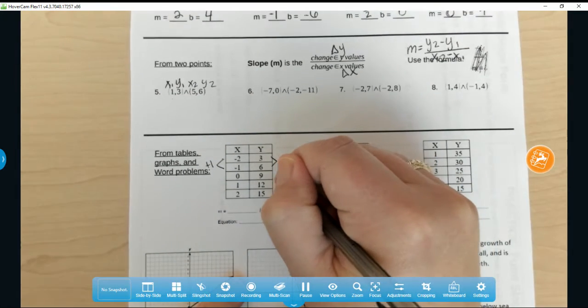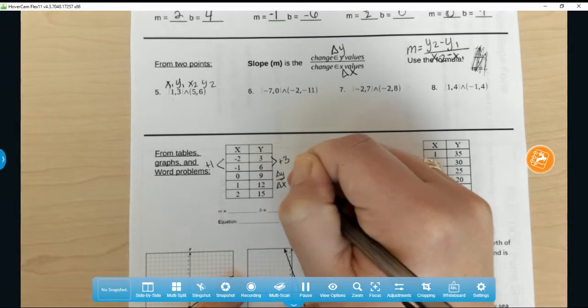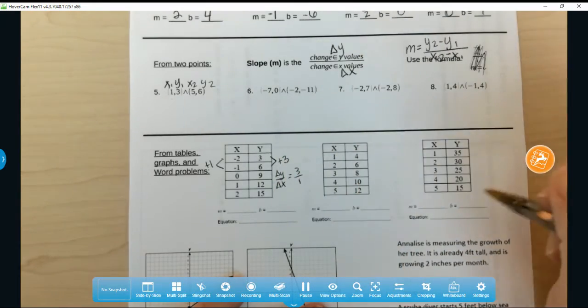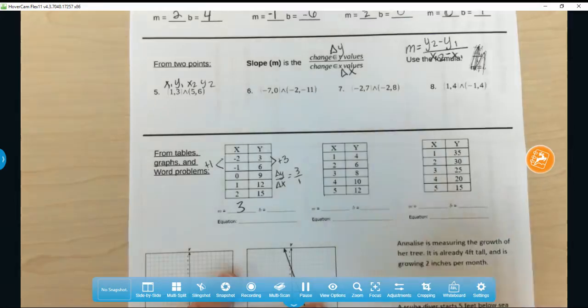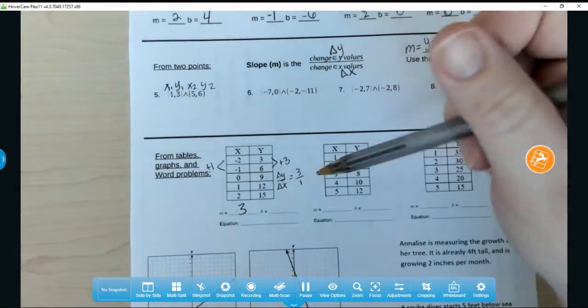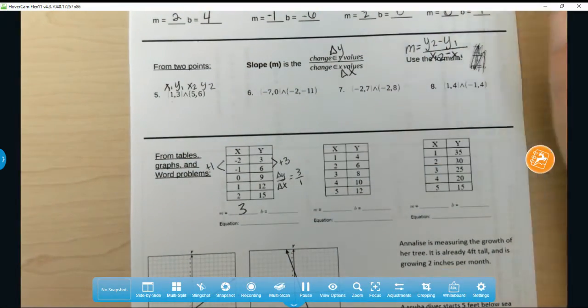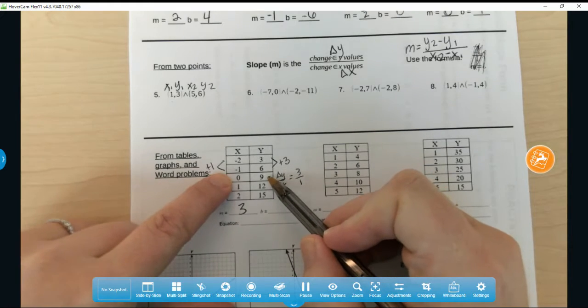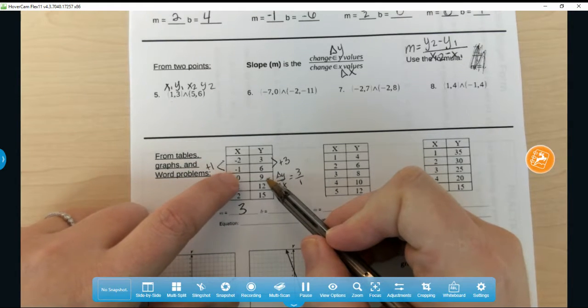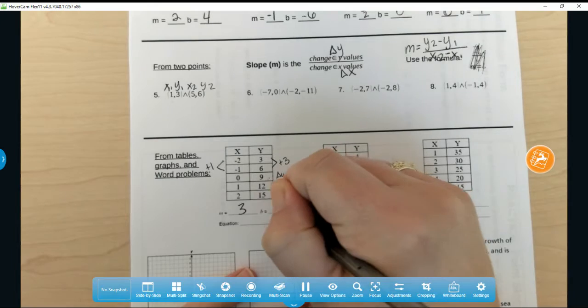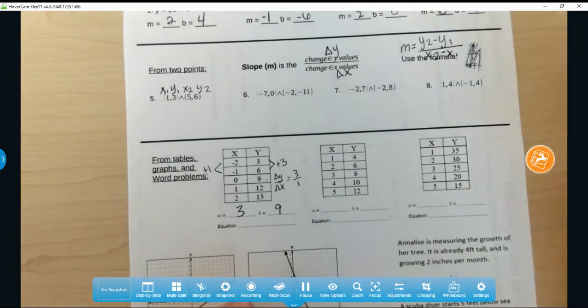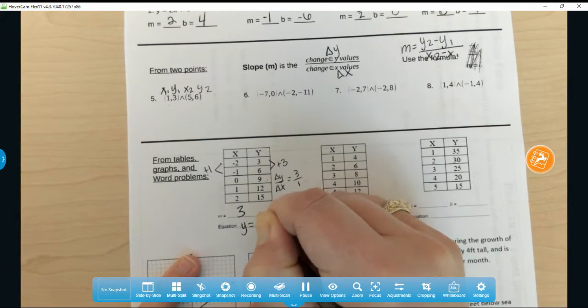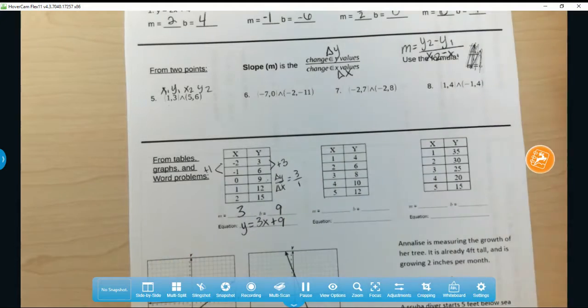So I know that my change in y over my change in x is 3/1, which makes my slope 3. And then, like I said, you don't have to actually do any math to find the y-intercept because it's been given to you. You know you have the y-intercept when your x is 0 and your y is some value. So my y-intercept is 9, meaning my equation would be 3x plus 9.